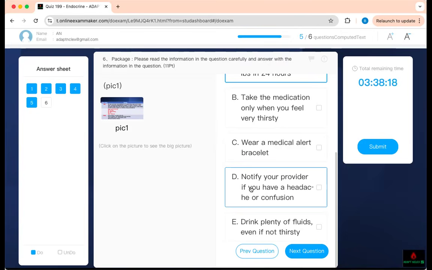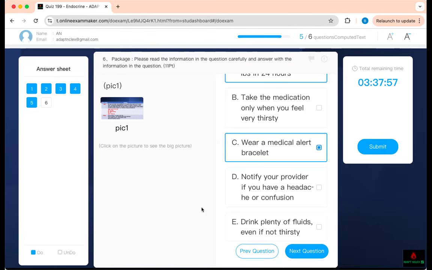And if they don't know that they're taking desmopressin and they have a problem, the emergency medicine people will give them medication and treat the patient like he has DKA, but this patient is not DKA. So anybody taking desmopressin should wear this alert bracelet because they're going to get confused.